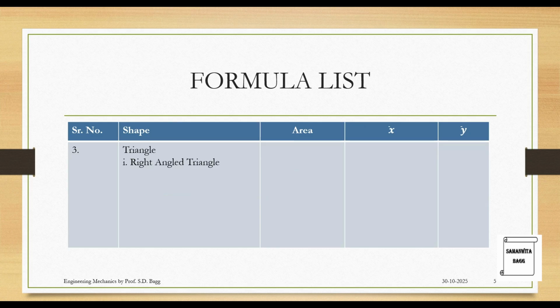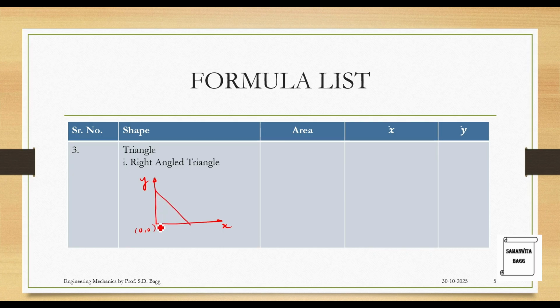We'll go for triangle. Now triangle can be a right angle triangle or any other shape also. So let's first go for the right angle triangle. So I will draw the axis. This is my x axis and this is my y axis. This is my origin 0, 0. This is a right angle triangle. So let me take the right angle triangle like this.